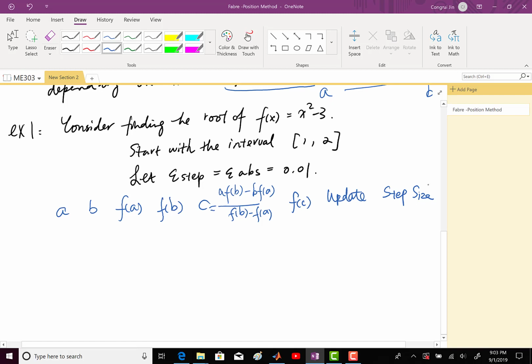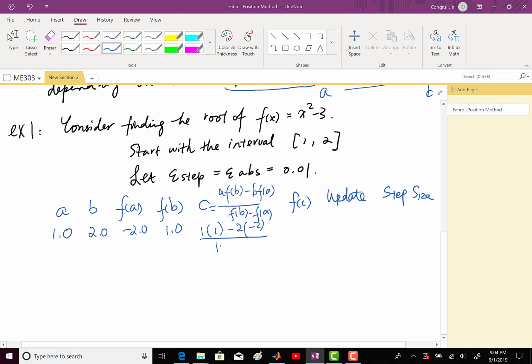So since we start from the interval 1 to 2, initially in the first iteration, A is 1, B is 2. So FA is 1 squared minus 3, which is negative 2. And FB is 2 squared minus 3, which is positive 1. And C will be equal to A, 1, times FB minus B times FA, which is 2 times negative 2, right?